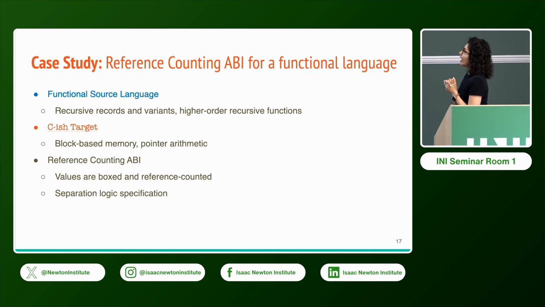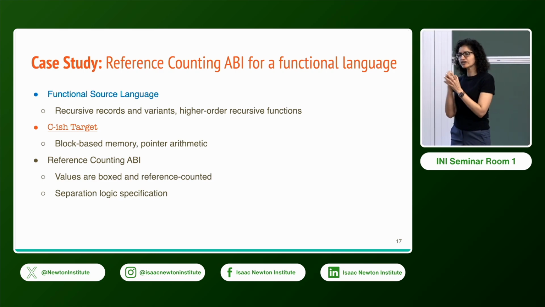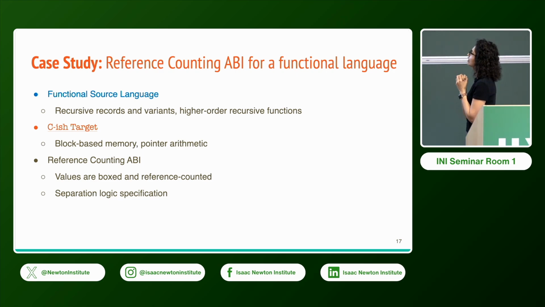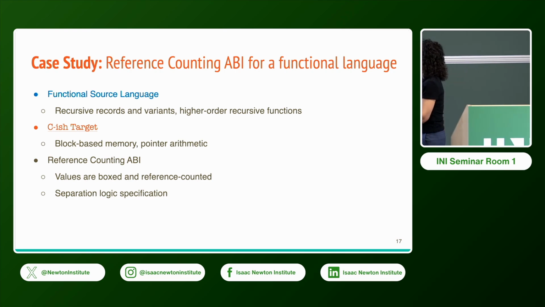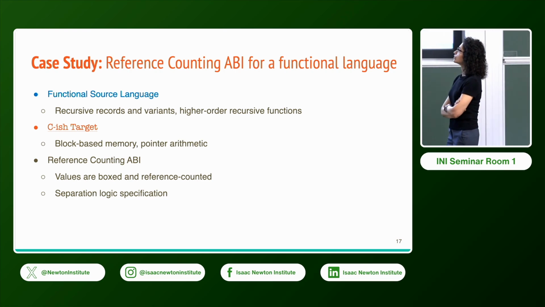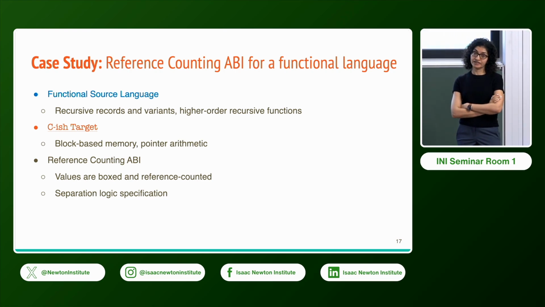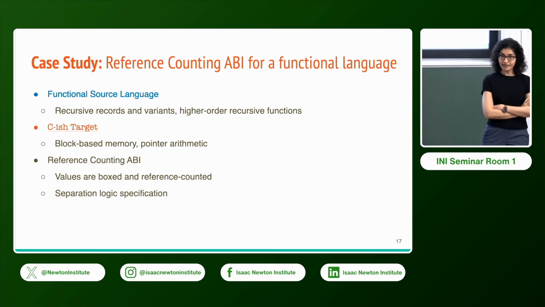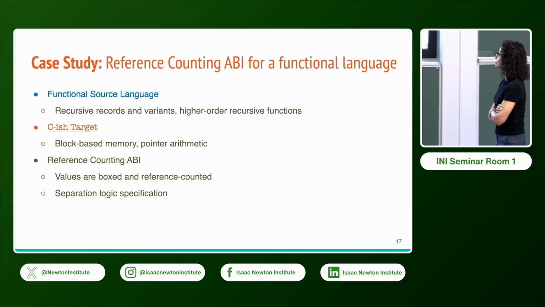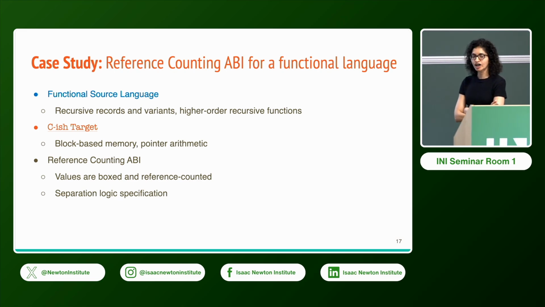Our C-ish target has block-based memory and pointer arithmetic, kind of close to the CompCert model, not exactly. This functional language is going to have a reference counting implementation. So at the target level, we want a sort of reference counting ABI. All my values are going to be boxed, and they're going to be reference counted.